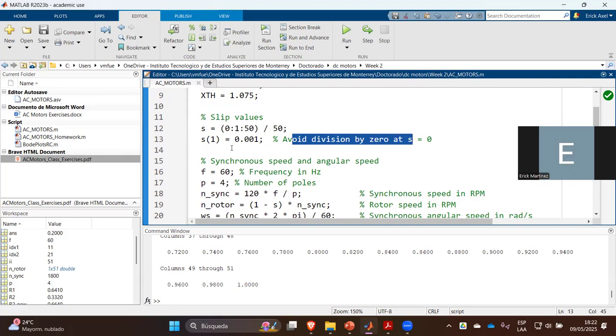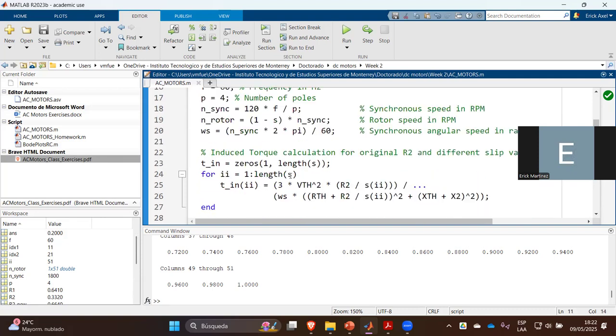If you remember, the formula of the induced torque requires dividing R2 by the slip value. So I am writing a very small value to approximate a slip of 0, because if you divide by 0, you will get a problem. So this is only a vector that I am generating to produce different slip values.